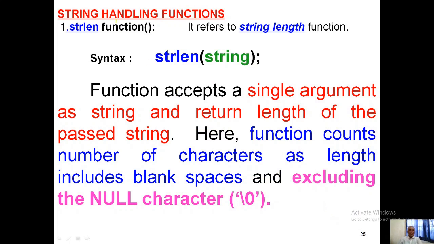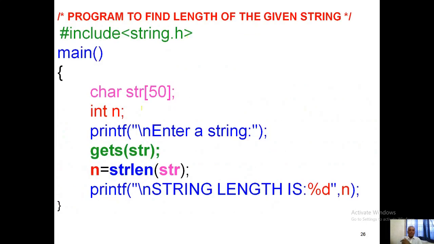So it is called strlen. Let us look at this. As usual, array declaration, string array declaration, and here printf "enter a string", gets. What is gets meant for? For reading of the string. Here n equal to, let's look at this statement, strlen of str. Whatever string you read is in this array.